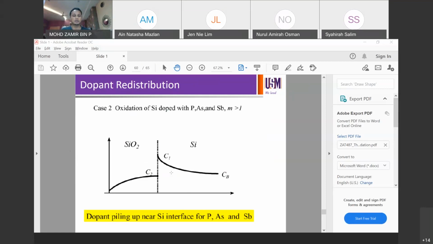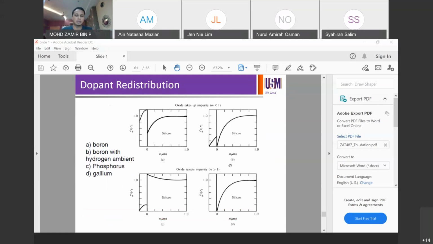C1 shows concentration of your N-type dopants in silicon, and C2 shows your N-type dopants in the oxide. So due to the properties of the N-type dopants, your C1 will be higher than C2, leading to M of more than 1, right? C1 is higher than C2 due to the piling up of the dopant near the interface.